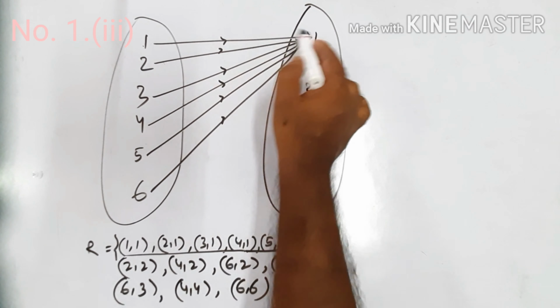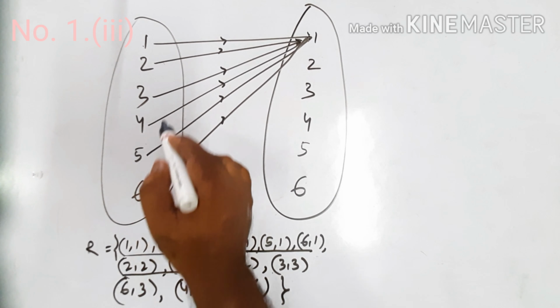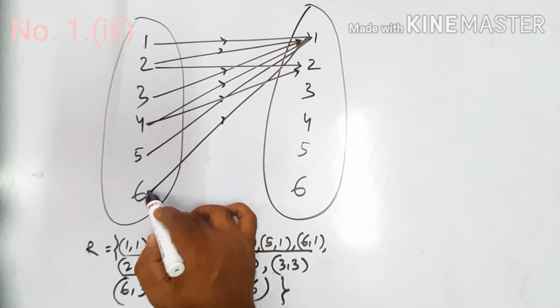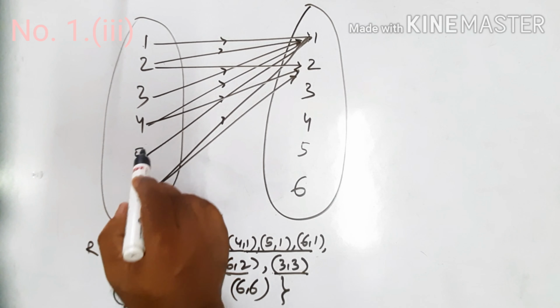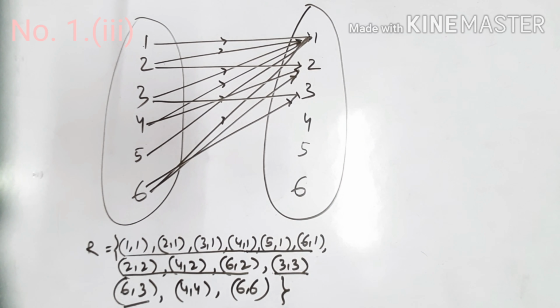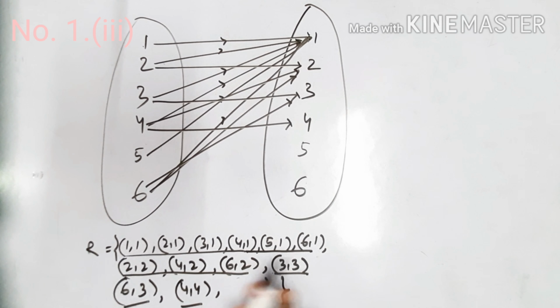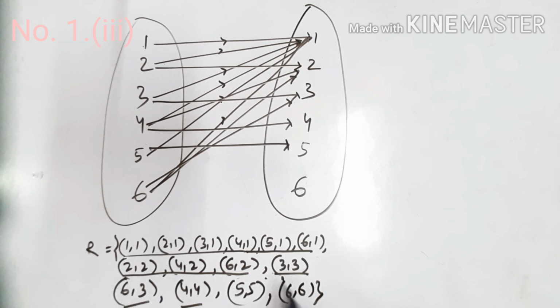Similarly (2, 2), (4, 2), (6, 2), then (3, 3), (6, 3), and (4, 4), then (5, 5), then (6, 6). So this is the Venn diagram of this relation R.